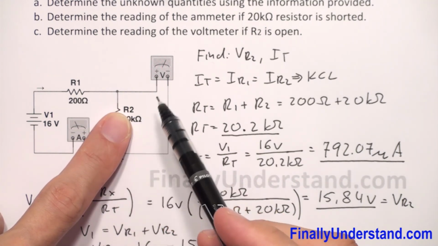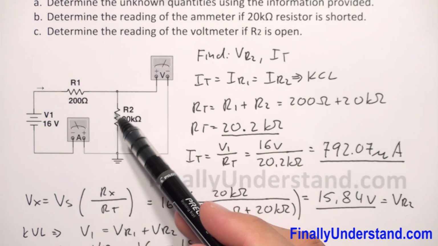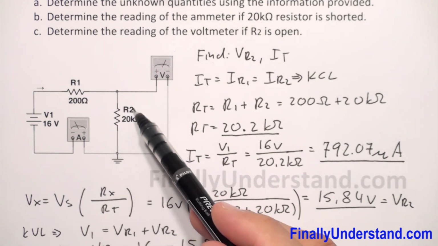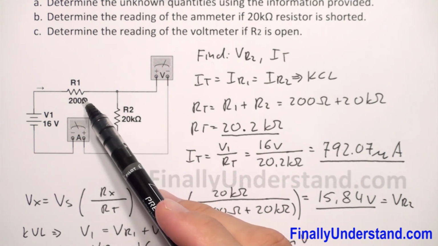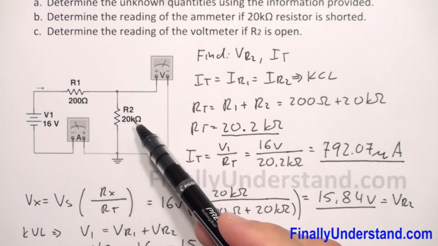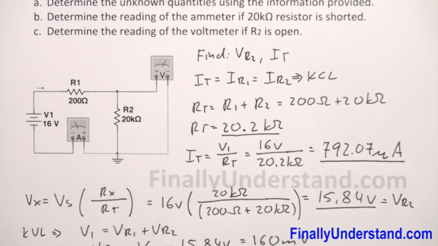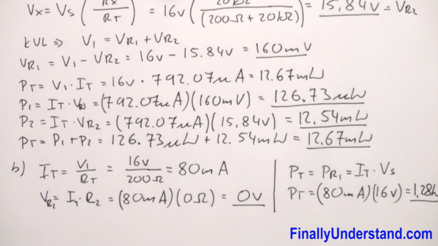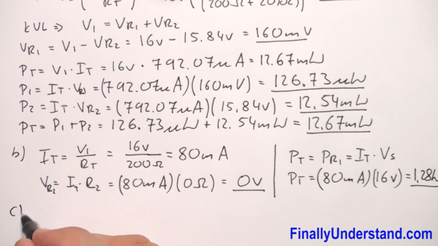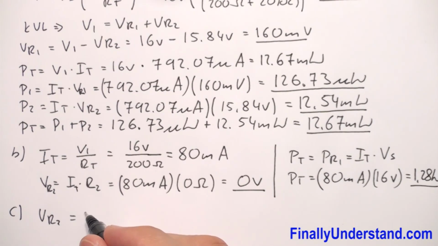So the voltage across resistor R1 is 0, and the voltage across resistor R2 is equal to 16 volts, because this is an open circuit. So part C, VR2 equals 16 volts.